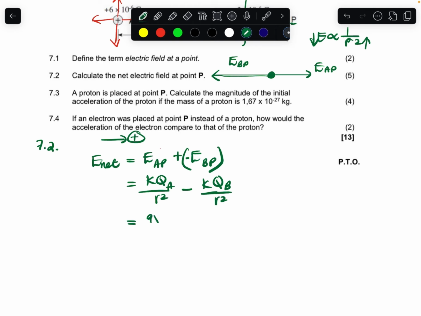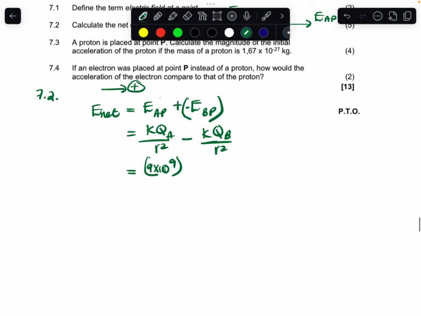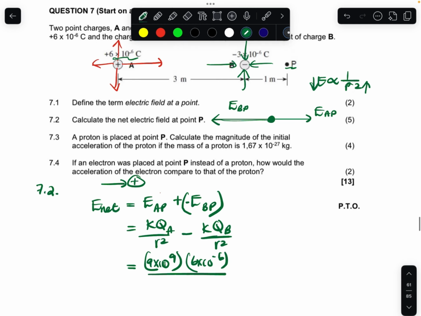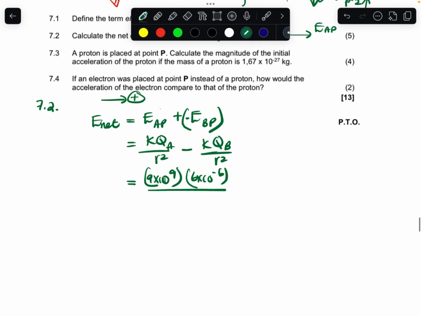And then we substitute 9 times 10 to the power 9, and then the A, it's 6 times 10 to the power negative 6, all over the distance. It's 4. The distance is 3 plus 1, that makes 4. That's where we get the 4.